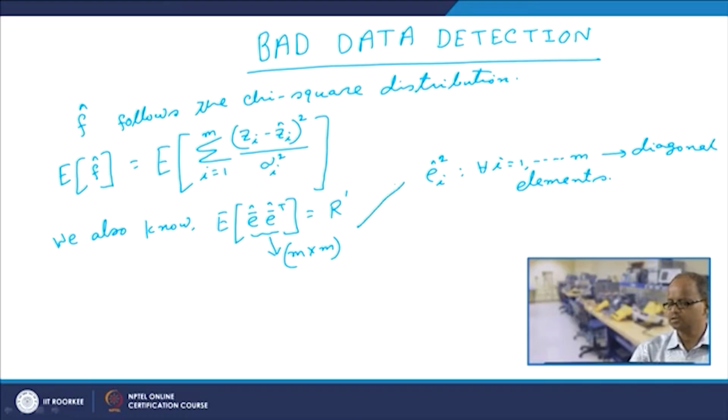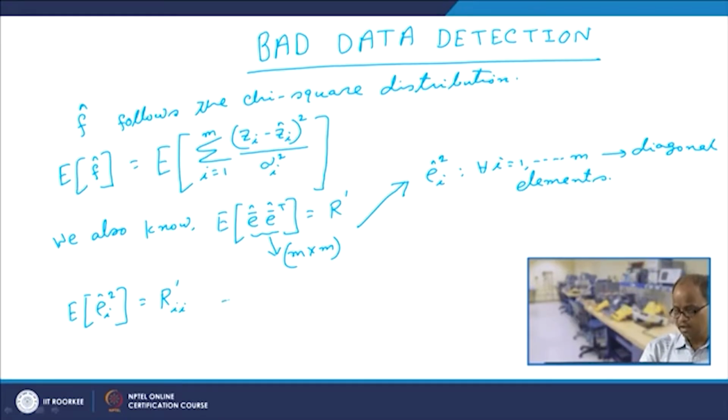Correct. So, these are all diagonal elements, and this matrix is also an m cross m matrix, that also we have already seen. So, this is also a square matrix. So, we can say that expected value of E I hat square is actually R I dash, that is the diagonal element of this.